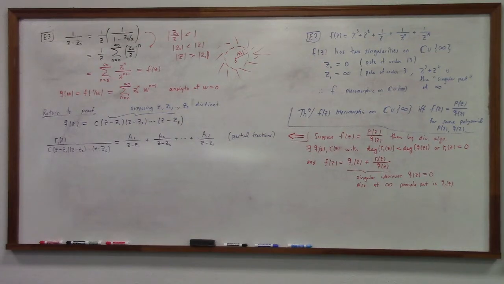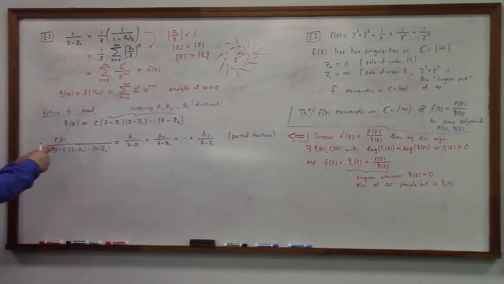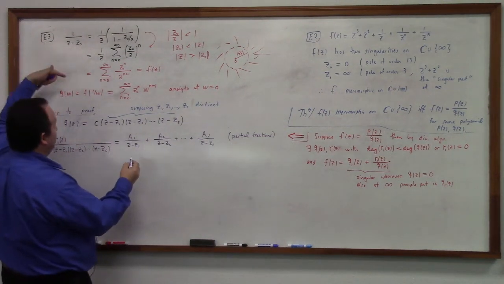So my point to you is we can take this, we can write it like that, right? And every one of those, if we're on an exterior annulus, what can we do? We can rewrite these using this example 3.